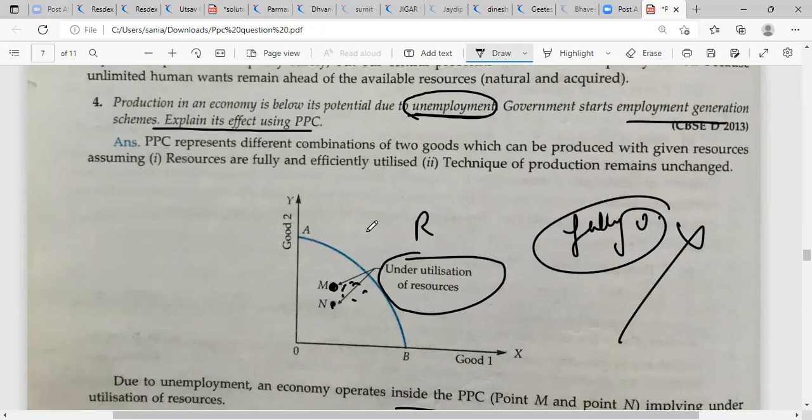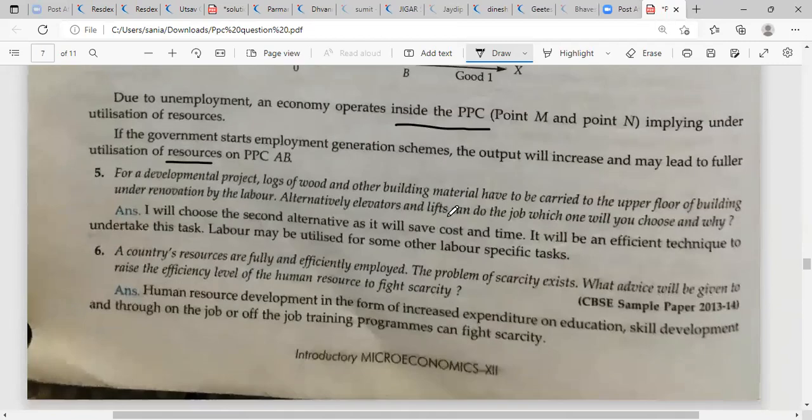This is your PPC; it will not shift either here or here, because the resources were underutilized and now you are making them fully utilized. Only once they are fully utilized can they shift either right or left. First they have to make themselves capable of coming onto the PPC. Only then can they shift, right?